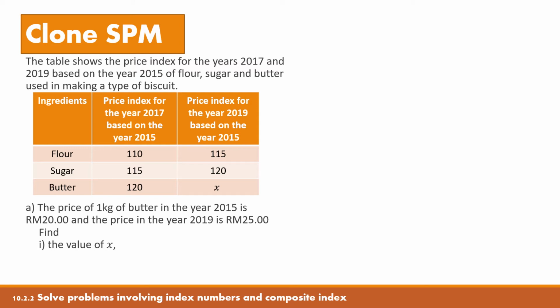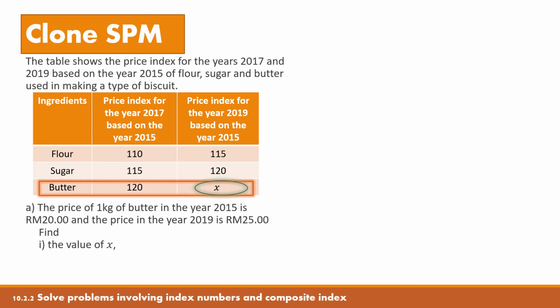So for section A, the price for 1 kilogram of butter in the year 2015 is 20 ringgit, and the price in the year 2019 is 25 ringgit. As it involves the butter and the years 2015 and 2019, we are going to look for the value of X, which is the price index for the year 2019 based on the year 2015.